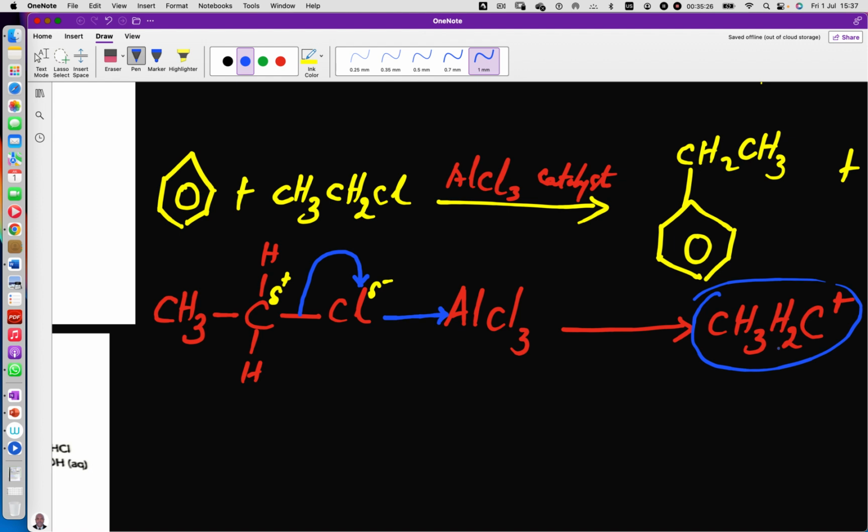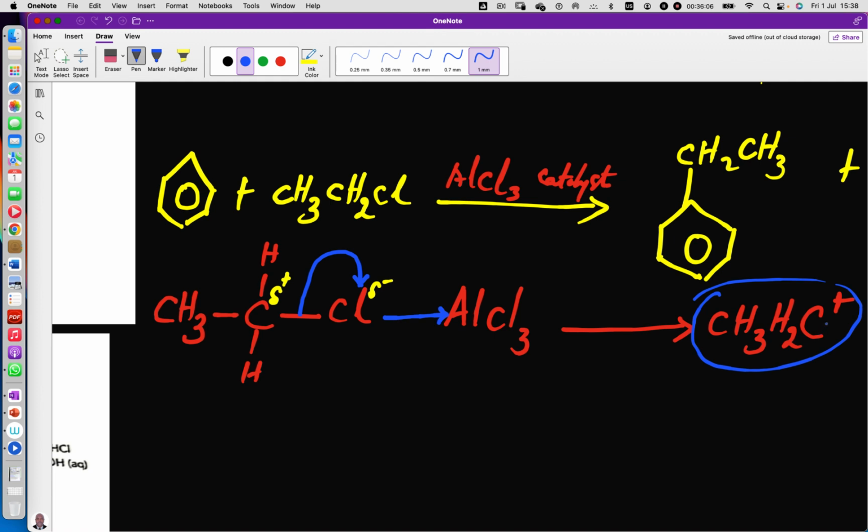This electrophile here is then attracted to the electron-rich benzene ring. Either you say the electrophile is attracted to the electron-rich benzene ring, or it attacks, this electrophilic attack on the rich benzene ring. And from there, the benzene ring will donate a pair of electrons to it, thereby distorting the ring.